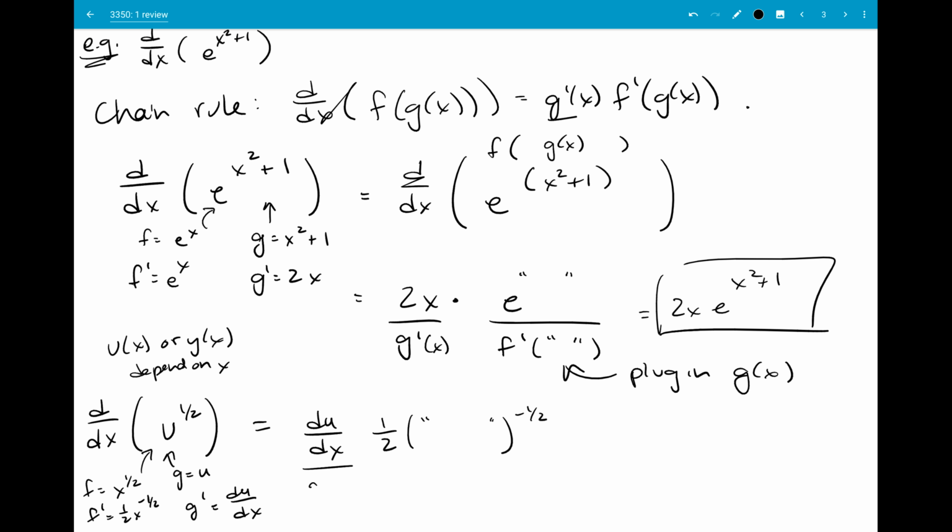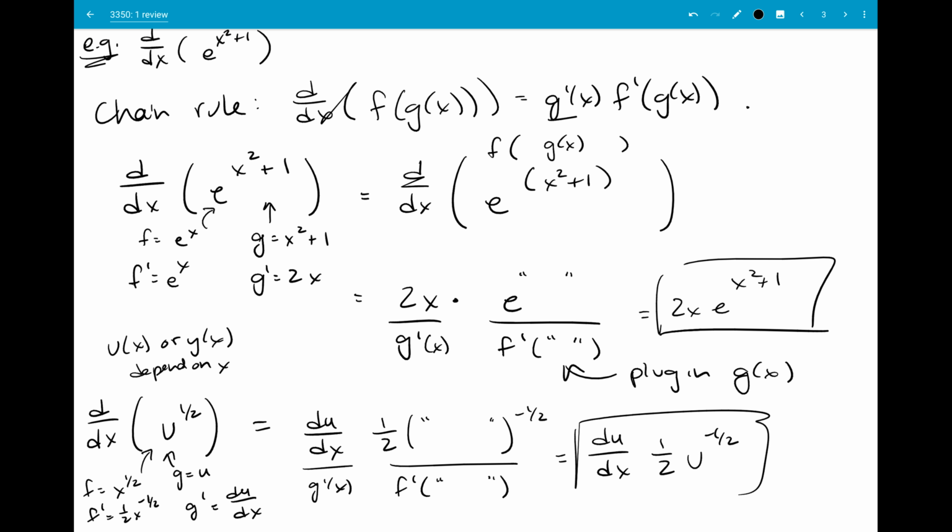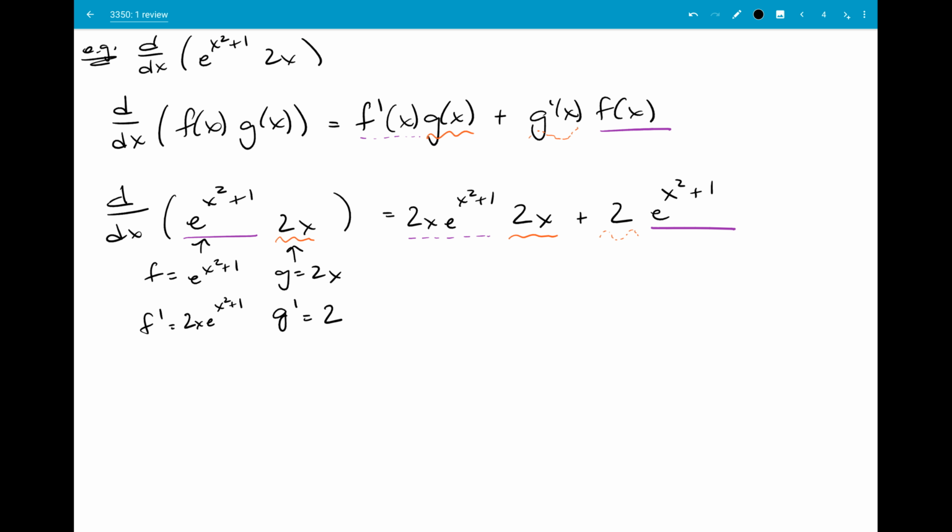There's our g prime of x, there's our f prime of something, but we plug in our g of x to that something. So we've got du/dx times 1/2 u to the minus 1/2. And I think we did something similar to that recently. I couldn't remember exactly what it was, but chain rule came up in that context.